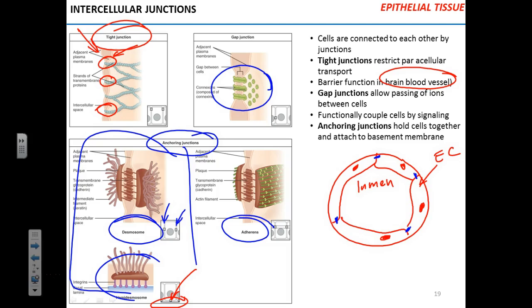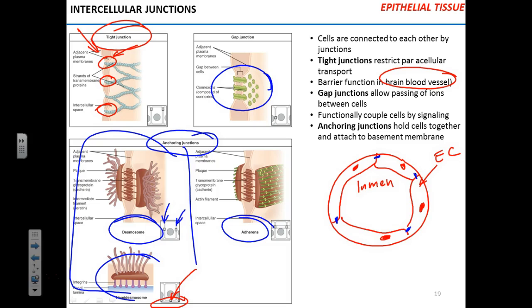That's the only difference. They are not very tight. They're sort of leaky, but they hold epithelial cells together pretty well. Did I answer your question? If not, tell me. I can clarify during the break if it takes a little bit longer. Okay? It's fine? Okay.